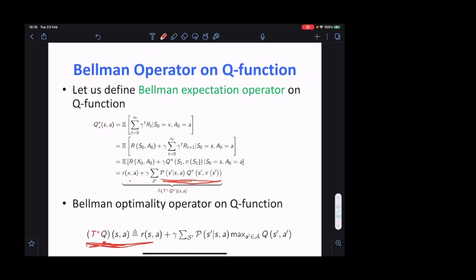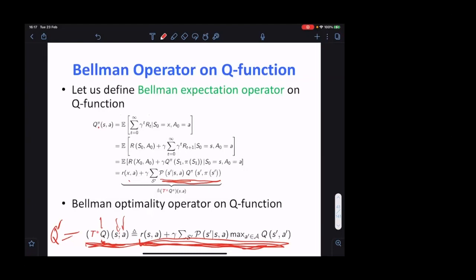The Bellman expectation operator T is on a function, so it is over Q, regardless of what state it is, and it transforms it into a new Q function, equal to the update that you get for all of the state action pairs that you consider.